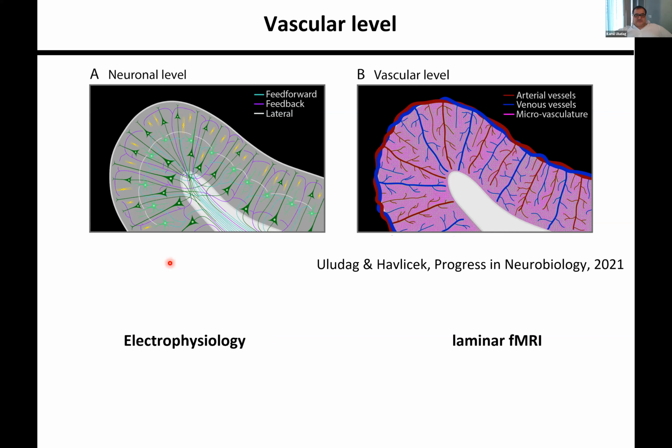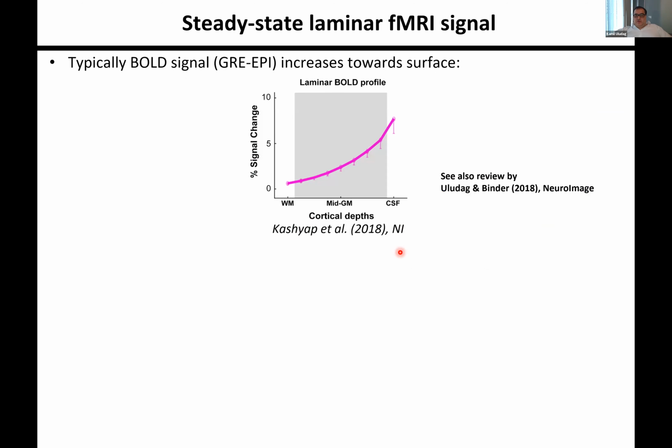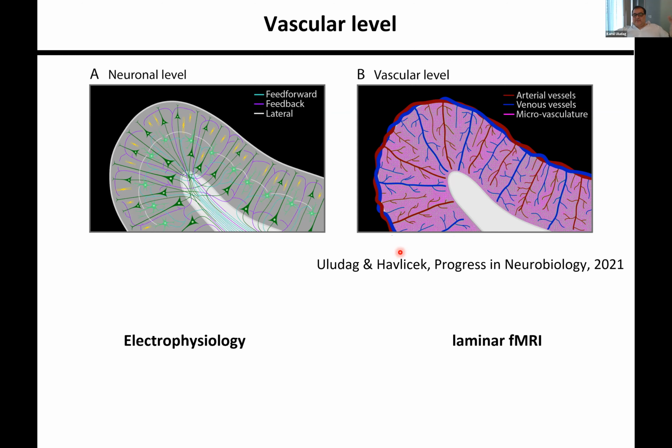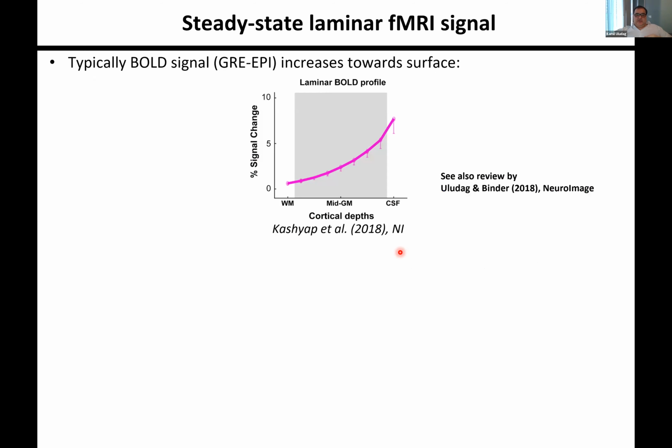The main method to access the neural level is electrophysiology, whereas for the vascular level it is laminar fMRI. So if you want to connect laminar fMRI to electrophysiology, we have to connect the left picture with the right picture. Now, I already have done this for the microscopic level. For the mesoscopic level, we have to be more sophisticated.